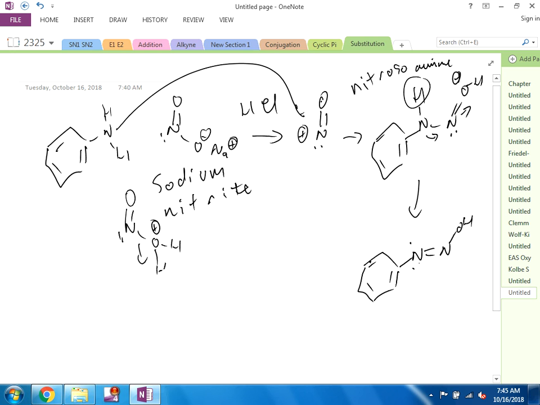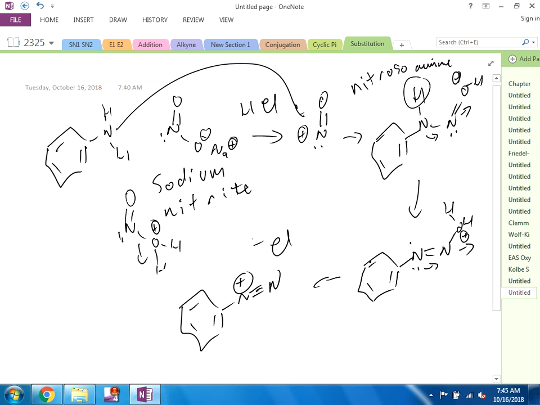And then finally, I'll protonate here and eliminate water. And this is the intermediate that I want.